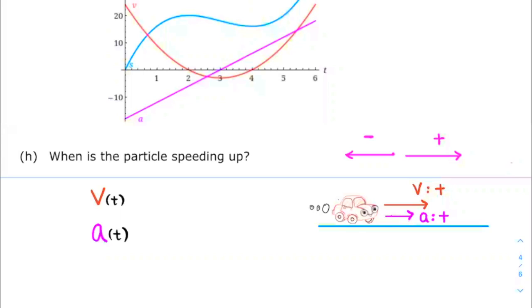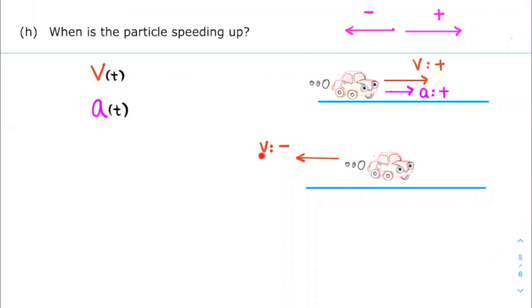And if acceleration is also positive, which means it is also pointing to the right, then the particle is speeding up and going in this direction.